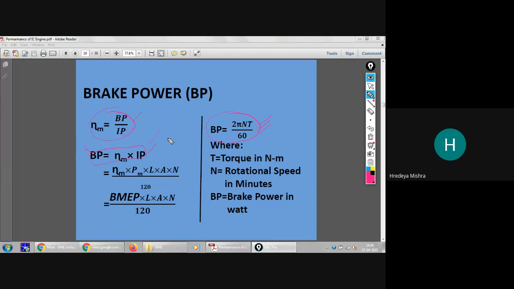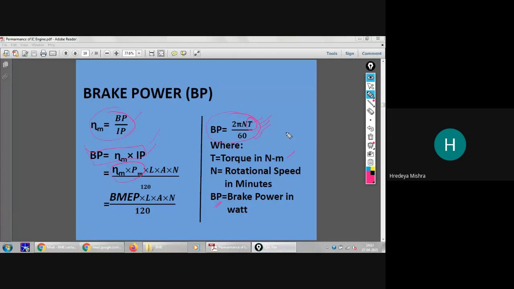Okay. So here, these two combined, mechanical efficiency into mean effective pressure, become brake mean effective pressure. See here, T is the torque in Newton meter, N is the rotational speed, and B is brake power. If we know the torque, then we can directly calculate the brake power.